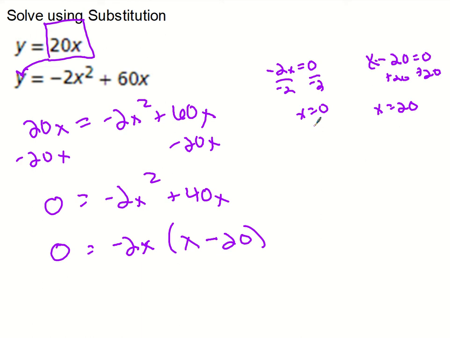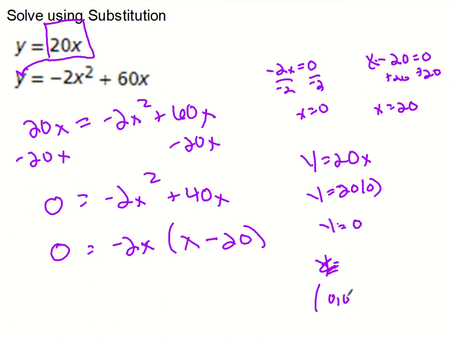And now what I want to do is plug those into my original linear equation. So y equals 20x. Well, if y equals 20 times 0, that gives me a y of, I'm sorry, y of 0. Man, I'm not thinking straight. Y equals 0. So this is going to give me the point of 0, 0.